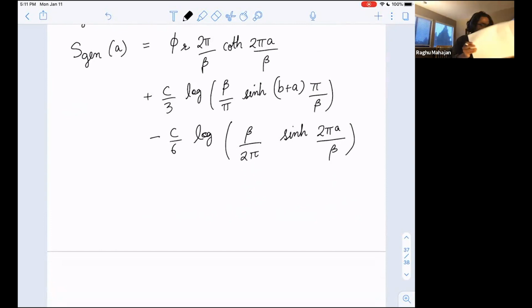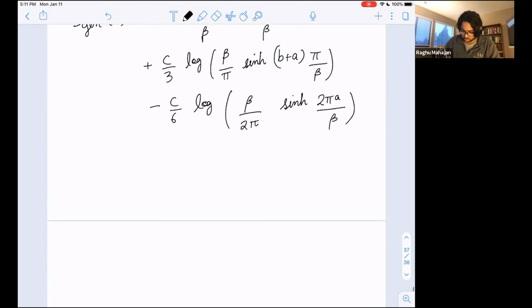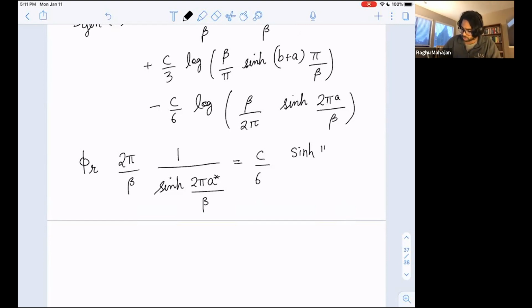The equation that would determine the A star. So the equation that determines it is phi_r times 2 pi over beta, 1 over sinh of 2 pi A star over beta, where A star is the extremal value, equals c over 6 times sinh of pi over beta (A minus B) over sinh of pi over beta (A plus B).